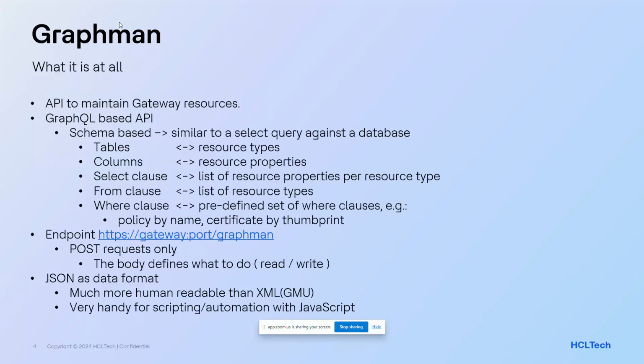What is GraphQL? GraphQL is just a different type of API. We know SOAP APIs, we know REST APIs. GraphQL is a more modern way of handling APIs, or of handling requests through these APIs. And in my simple understanding, I often compare GraphQL-based APIs to database access.